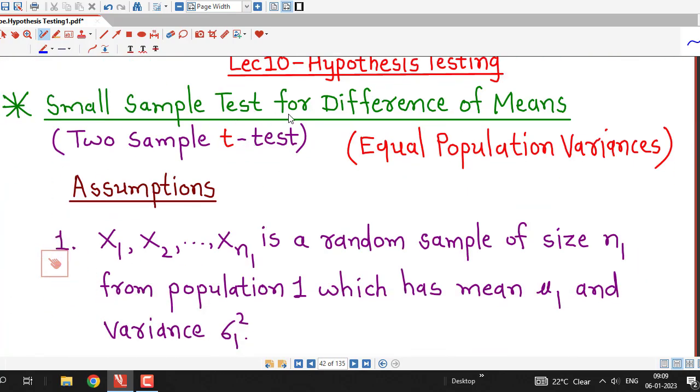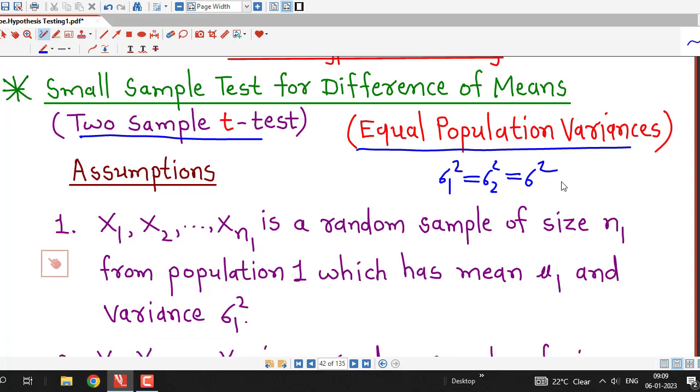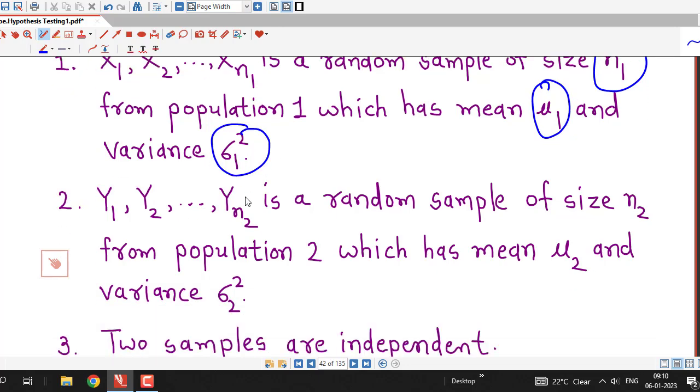What we have discussed is the small sample test for difference of means, or two sample t test, and we are assuming that two population variances are equal, that is sigma 1 square and sigma 2 square are equal to sigma square. These are the assumptions. First sample is x1, x2 up to xn1, that is it is of size n1 and its mean is denoted by mu1 and variance is denoted by sigma 1 square.